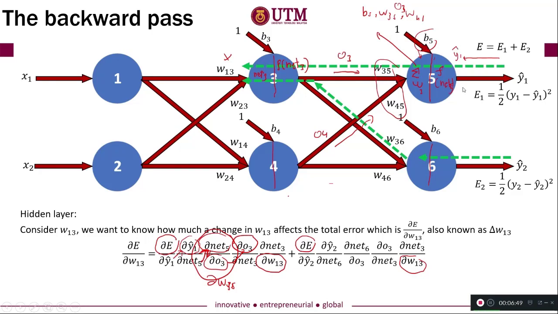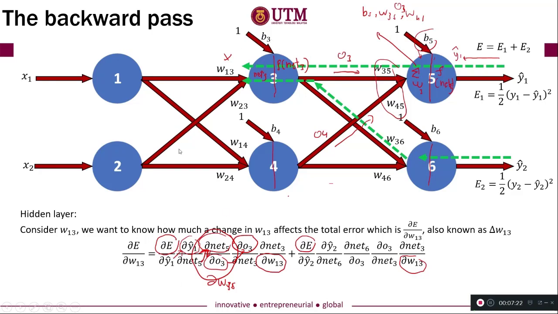So it's a little bit different from the previous one. Instead of stopping here, if you stopped here, that would relate to the output layer only. So if you want to extend the chain rule from this stage to this stage, you must do the derivative of del net 5 with respect to del O3, because that will extend the chain rule in this direction.